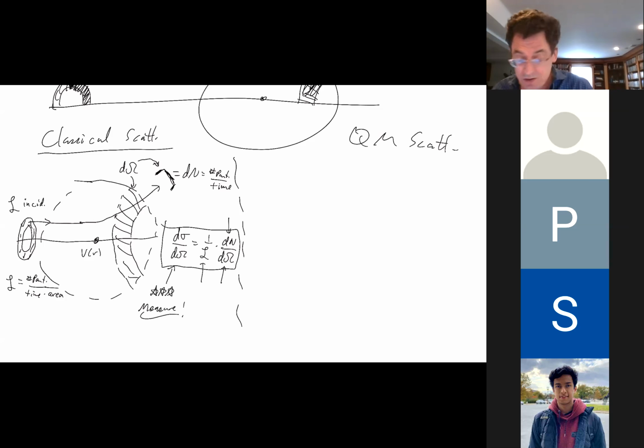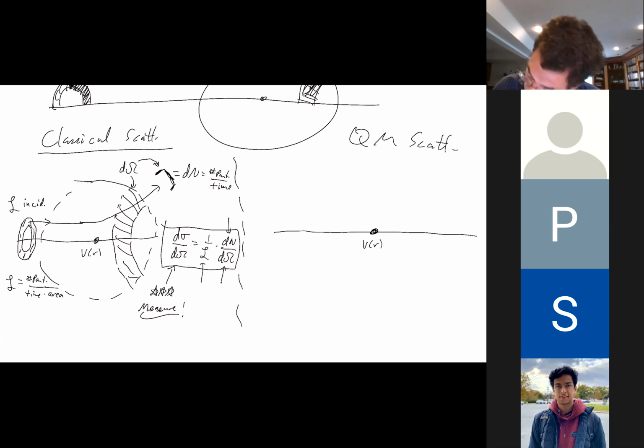How do we think about this in terms of quantum mechanics? In quantum mechanics, we're going to have the same construction. We have a potential, and we're going to send something in. But here's the thing. Check it out.